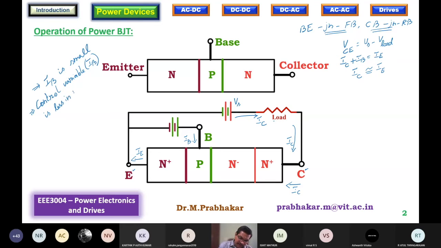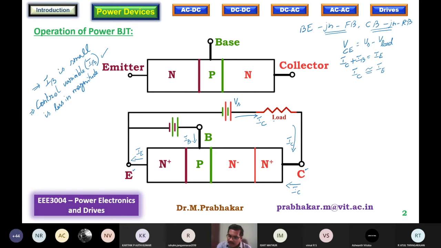This is preferable. This is what we want in all controllable devices. This is a good feature. If you want to control the power BJT, you should not need a 10 ampere, 20 ampere current to control the 50 ampere BJT. No, it should not be like this. Just apply a milliampere IB and try to have control over that ampere range of collector current. That is what is expected.